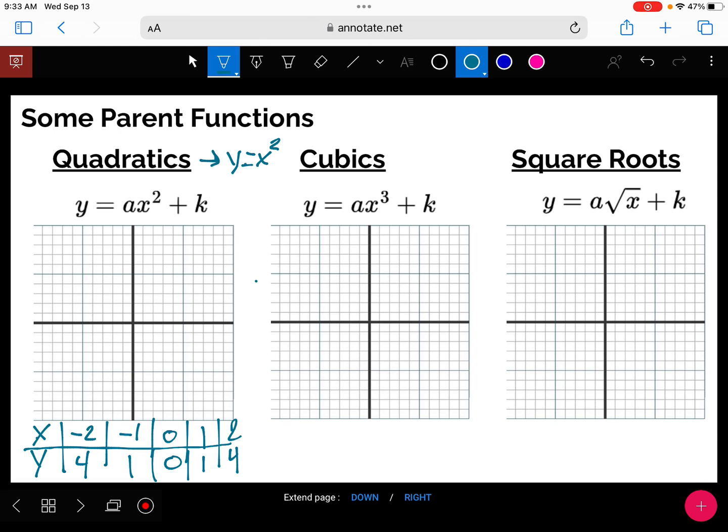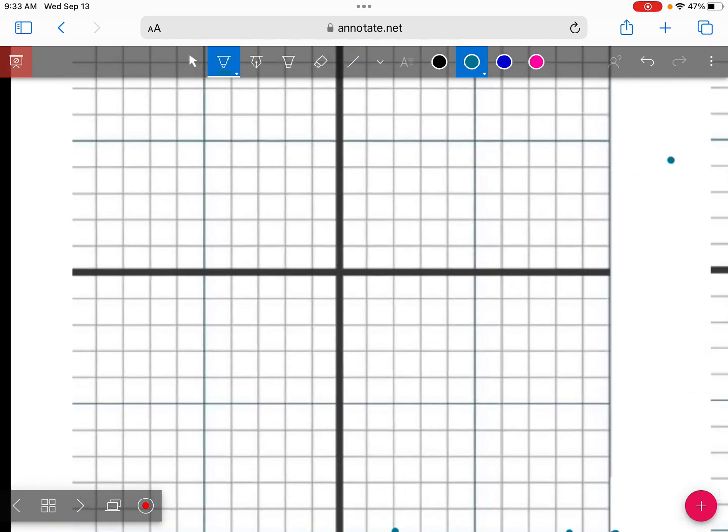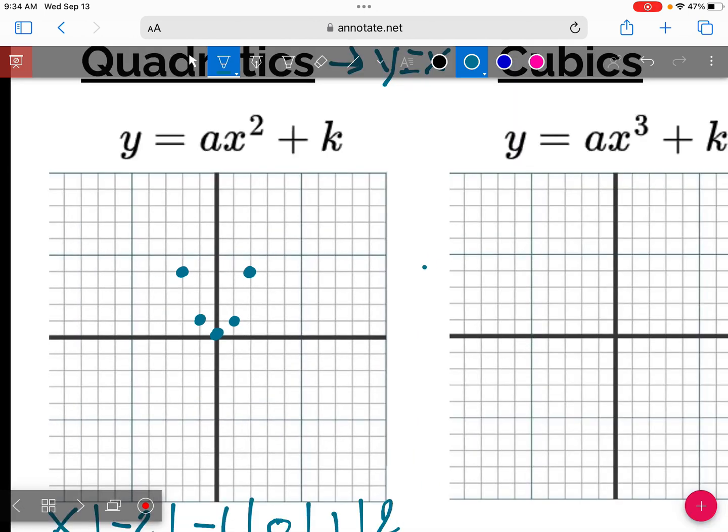Plot those points. So we should get this as our shape.